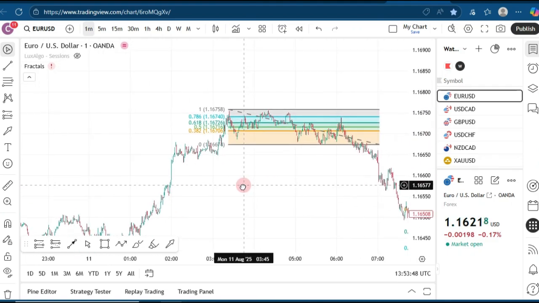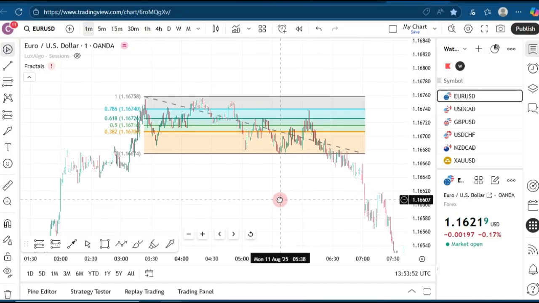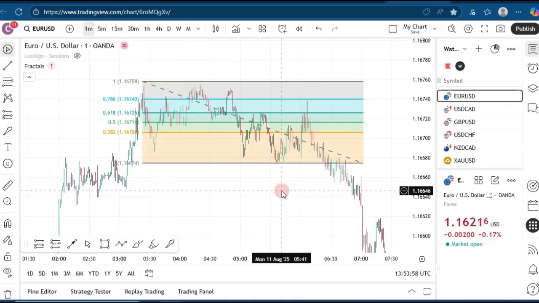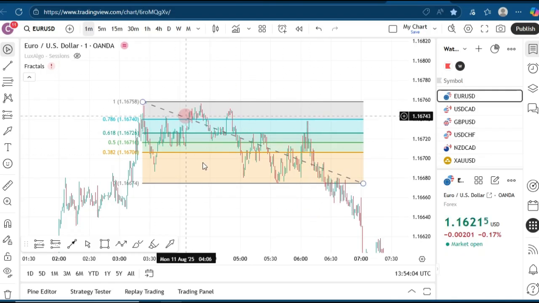Now let's look at this scenario over here. What we have here is a ranging market. Now we want to make sure that when price decides to take direction, we will be ready to either buy or sell. Right now you can see in this environment, this is where price has been going up and down. So I want us to mark this.